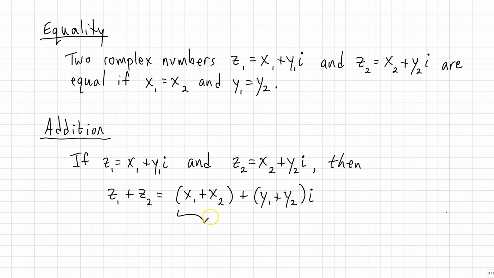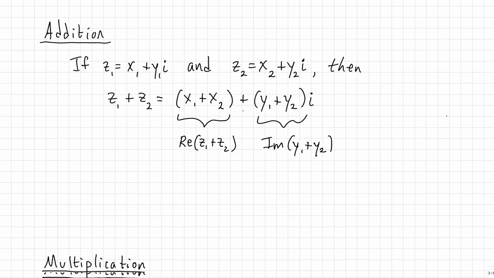So this right here, that would be the real part of the sum, and this part right here would be the imaginary part of the sum. So pretty straightforward. You just more or less combine like terms for addition.